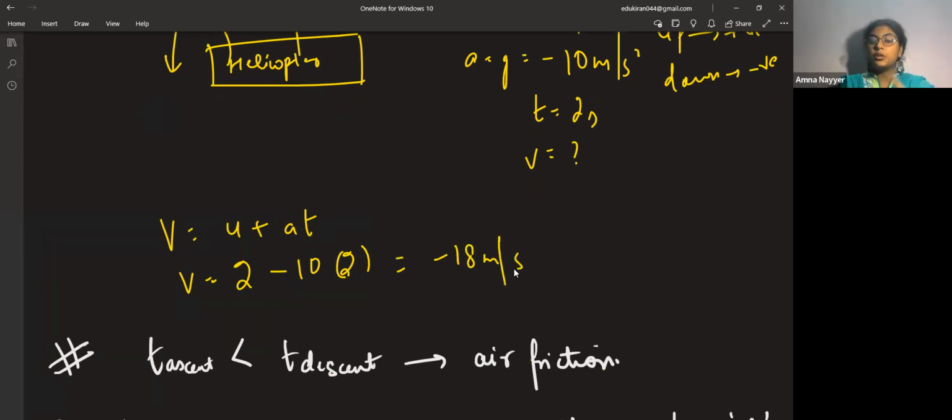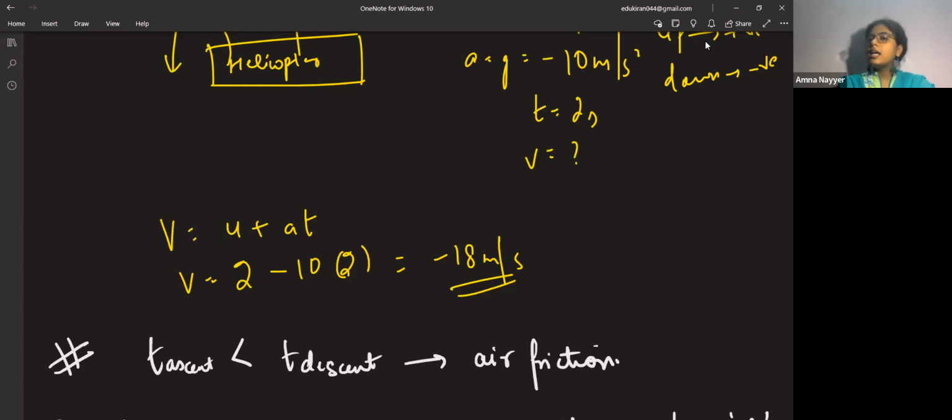Now pay attention to this. If my answer is coming V is equal to minus 18 meters per second, this means the final velocity is acting downwards, because my answer is coming negative, and I have chosen downwards as negative. Suppose someone else, let's say Martin, is solving this question.